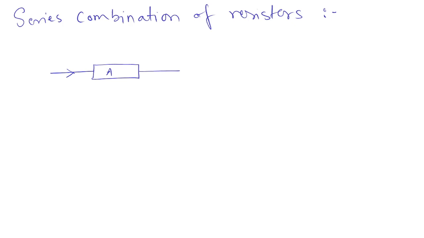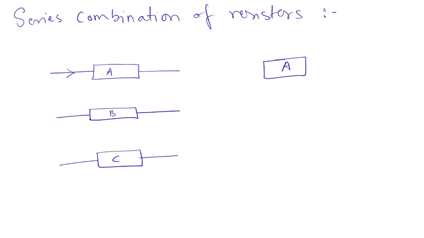If there are many resistors, let's say this is a resistor B, and this one is a resistor C, and if they are connected one after another, something like this: A, then B, then C, but still it's not a series circuit. Let me complete it.